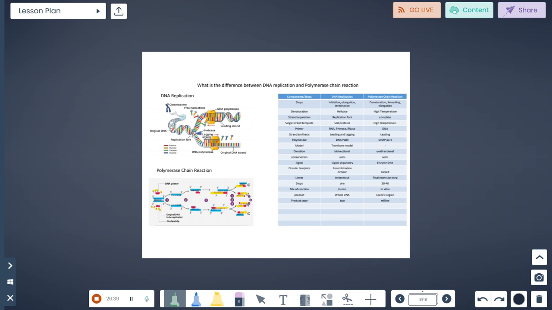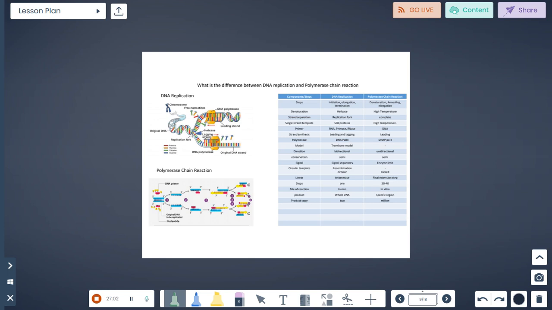So in both strands, the DNA is not made as continuous. In one strand, it is made as continuous, and in the other strand, it is made in a discontinuous manner. So in a replication fork, you will see leading strand and lagging strand, and generally DNA polymerase 3 is involved. The replication fork is generally known as a trombone model, and it is bidirectional.